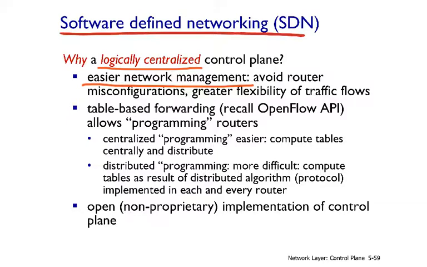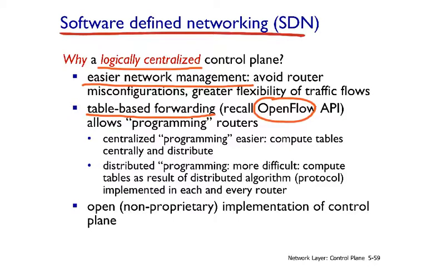The generalized forwarding, you remember that we have different fields to create a match in a rule. It's called table-based forwarding. There is a protocol called OpenFlow with different types of messages to be exchanged between the switches and the controller.